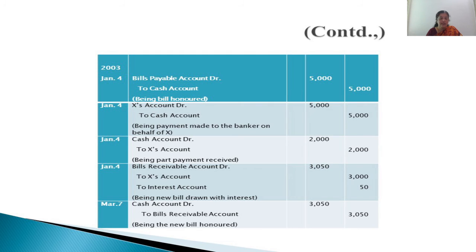So March 7th we received cash from whom? X. So cash account debited 3050, and whatever the bill we had with us which was accepted from X, we are presenting this to X. So the bill is going out from our hands to bills receivable account.